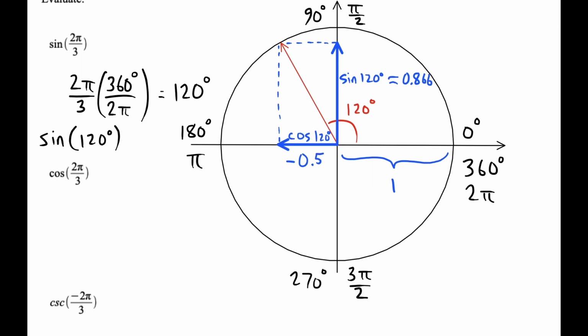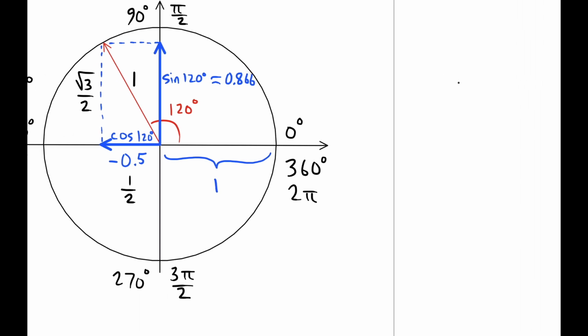However, if we want the exact value, there are certain triangles that are well known in trig, so this triangle happens to be one of the well-known ones. The radius of the unit circle is 1, and so if you memorize this triangle, it would have a hypotenuse of 1, and the short leg is 1/2, and the longer leg is actually radical 3 over 2.